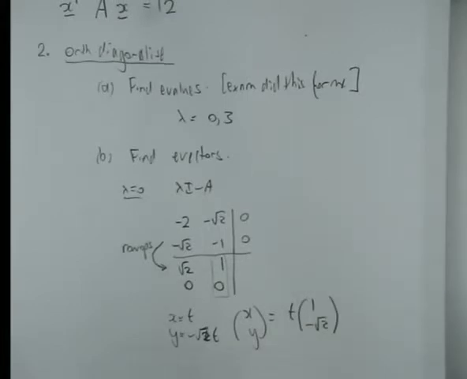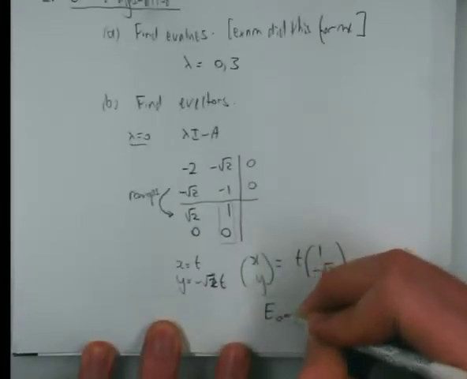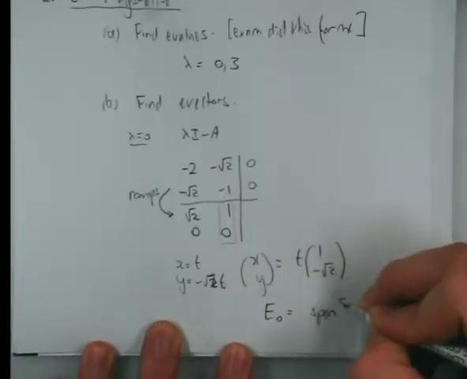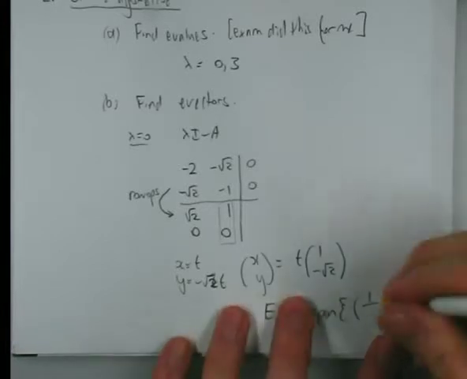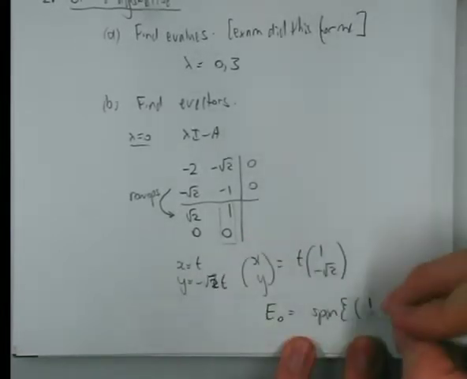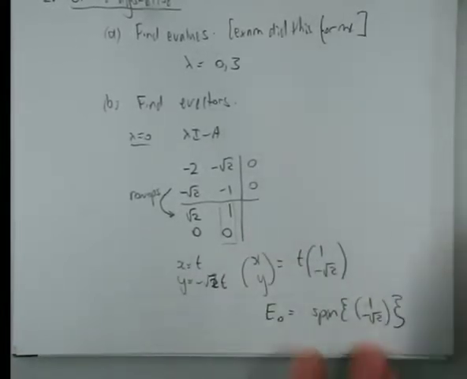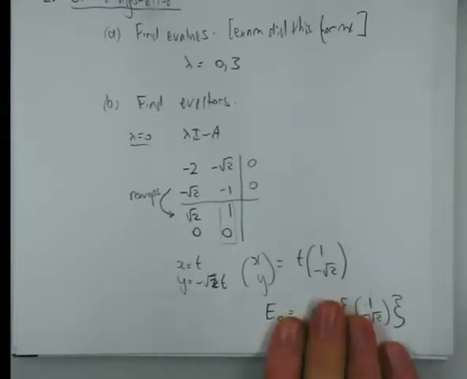So that's my eigenvector for 0. Since they specifically asked me for the eigenspace, normally you would say the eigenspace for 0 is the span of 1, minus root 2, like that. If they didn't ask me for the eigenspace, I'd just leave it like that. They're my eigenvectors.